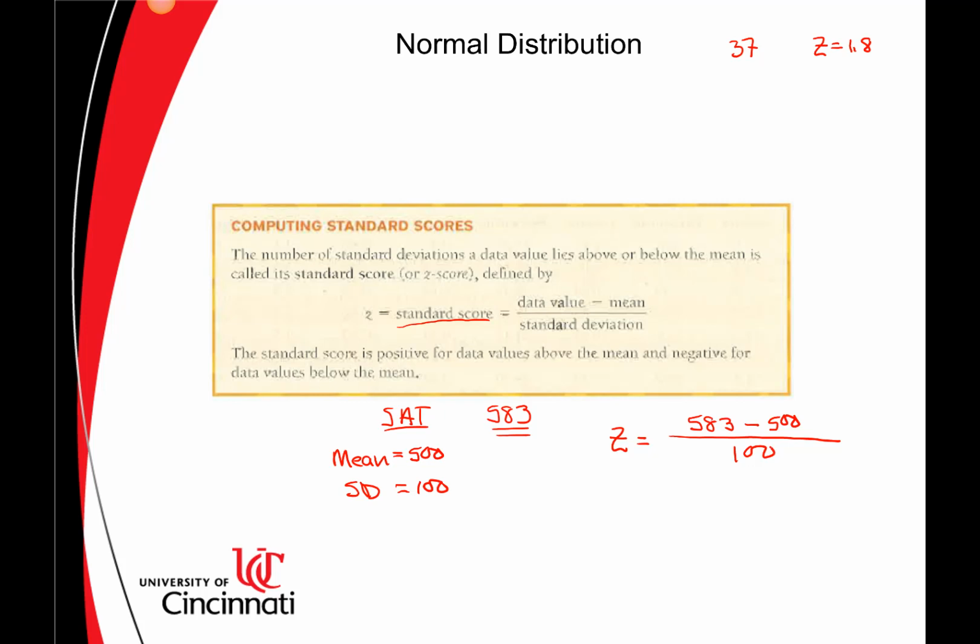These numbers are nice to work with. This gives you 83 over 100, which is 0.83. Well, okay, a z-score of 0.83. That's nice. What do I do with that?